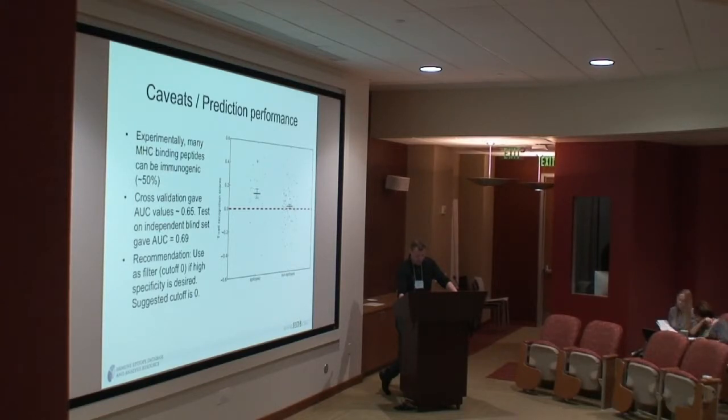You see epitopes tend to have higher scores, versus non-epitopes which are about half and half. So our recommendation is to take only things that have a score greater than 0 in this immunogenicity. You're retaining 85% or so of your epitopes, and you're throwing out half of your non-epitopes.